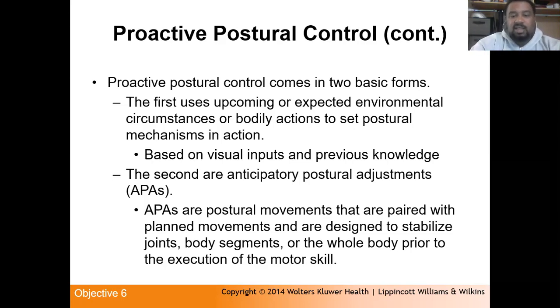Then the second is anticipatory postural adjustments, which is called APA. APAs are postural movements that are paired with planned movements and are designed to stabilize joints, body segments, and the whole body prior to the execution of a motor skill.